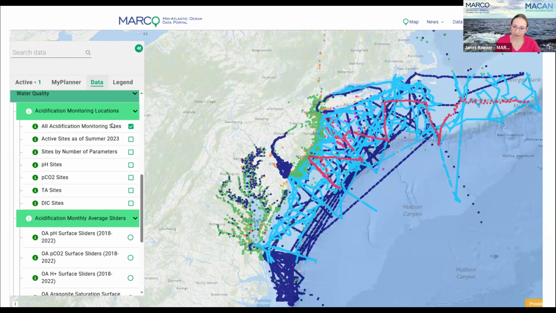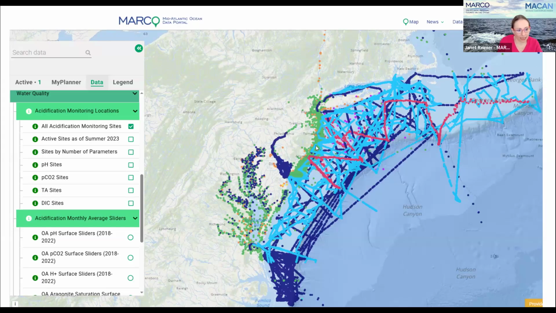The different colors also indicate the different parameter that was collected. For example, this red line is one of the East Coast Ocean Acidification Cruises, or ECOA cruises, and it is likely a dissolved inorganic carbon or a total alkalinity sample that was taken there.